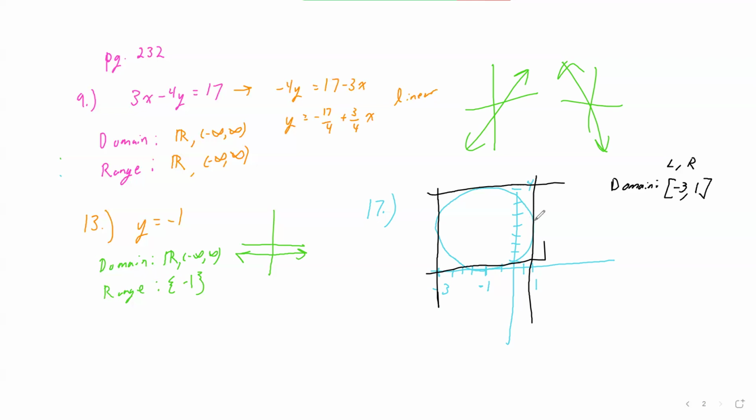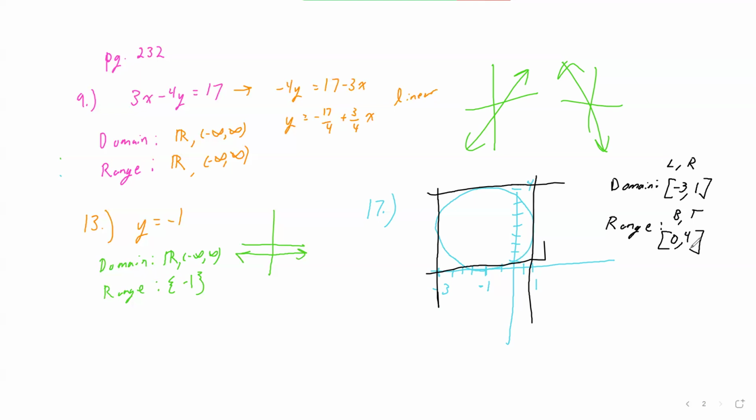If you had open circles, then it's not part of the set, and I would put parentheses. My range would be bottom to top. The bottom happened to be 0, and the top ends up being 4. Again, it's a solid circle, so it gets brackets. So that would be the domain and range there as well.